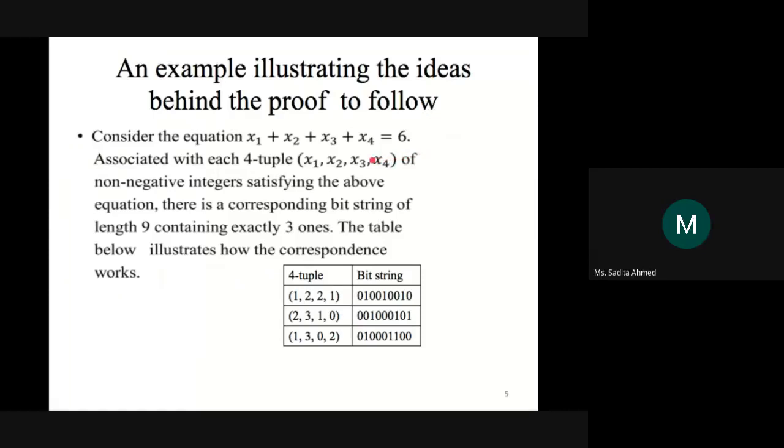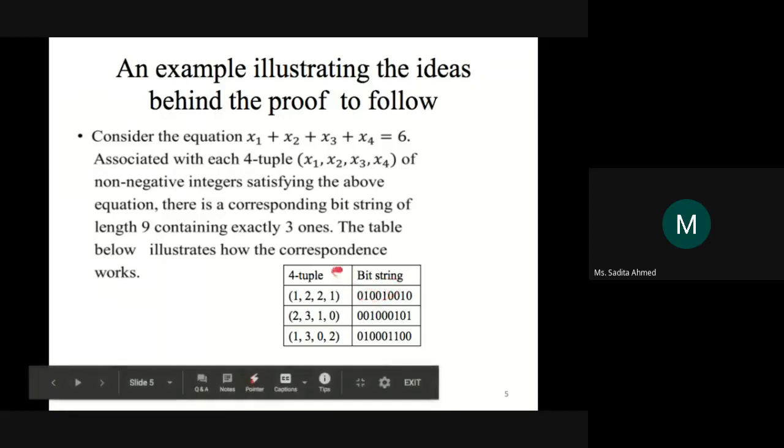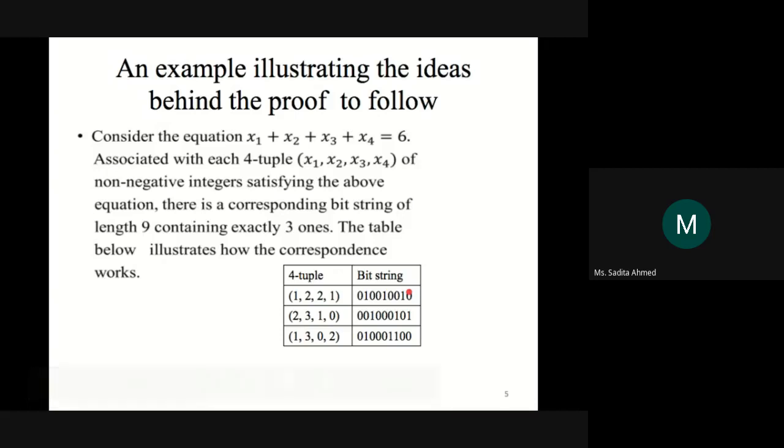Correct. 9C3. I will tell you that 9C3, while it's correct, 9C6 is also correct. That is, instead of counting the total number of bit strings which are of this certain length and contain exactly 3 ones, you can count instead the bit strings which contain exactly 6 zeros. It's the same thing, all right?